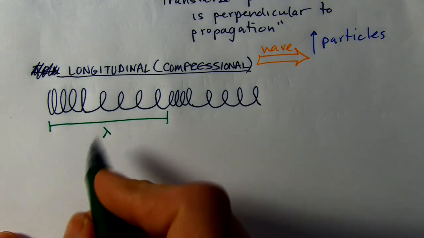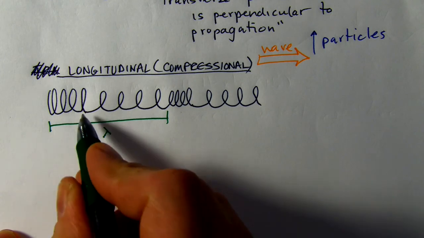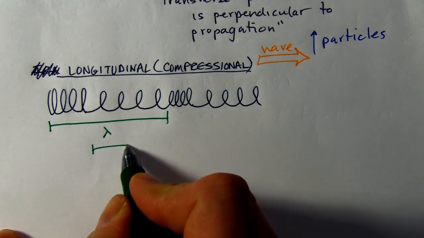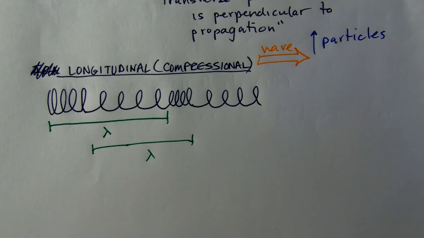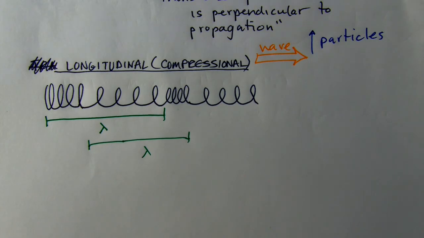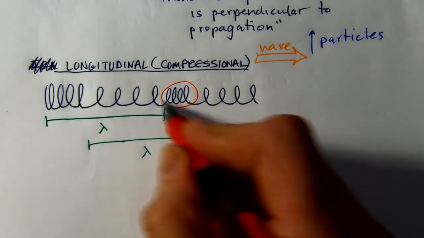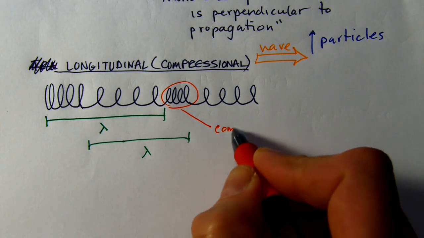So that could be a wavelength, or we could go from the end of this coil to the end of this coil. So they're going to be consistent. That's the wavelength here. And it makes sense why this is called compressional waves. And I should have allowed some room here, but this is called the compression.